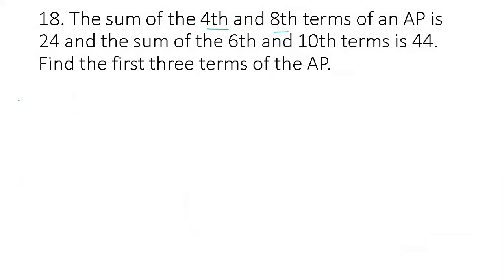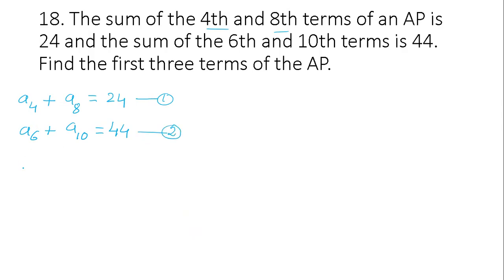They are given A4 plus A8 is equal to 24 and A6 plus A10 is equal to 44. Call this equation number 1 and this equation number 2.